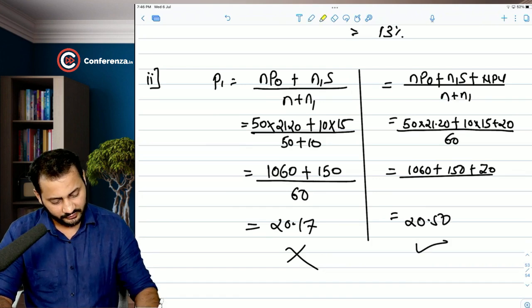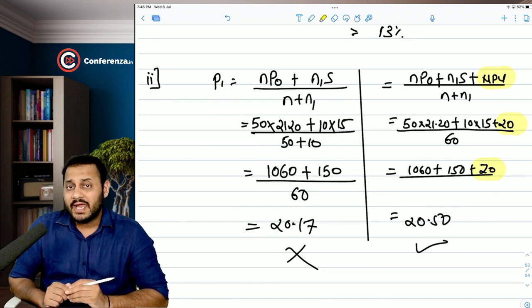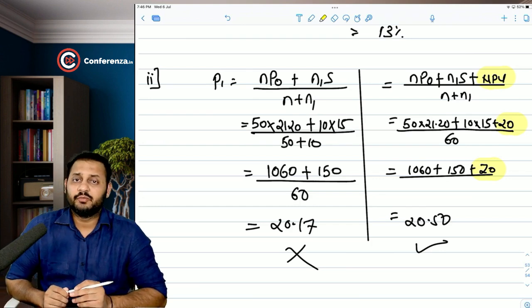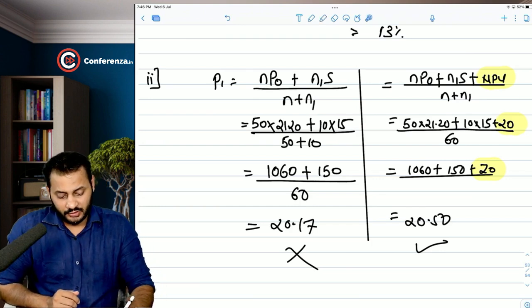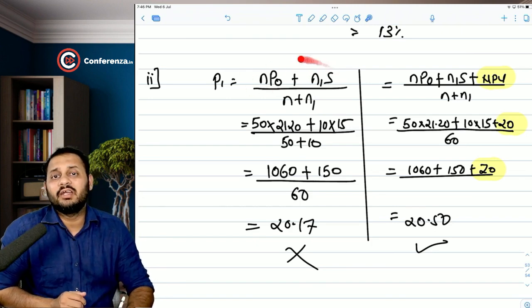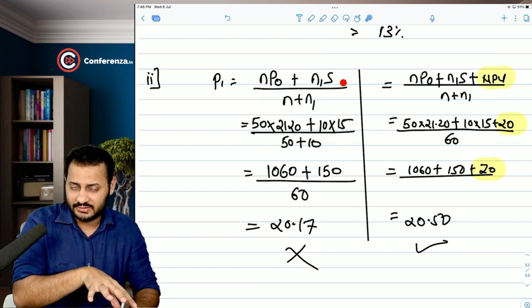Now you understand the difference. I had to take that extra value. Why? Because the logic of the numerator in the formula is the total market value of the company. It's not just NP0 and N1S.